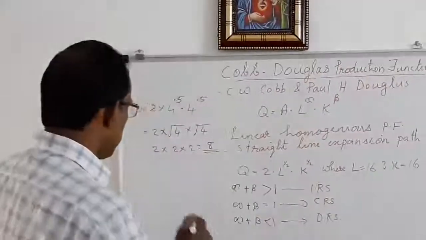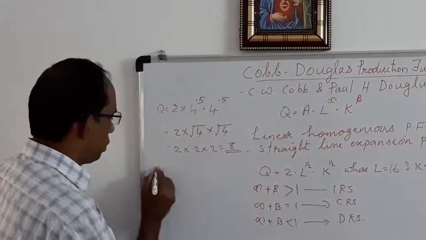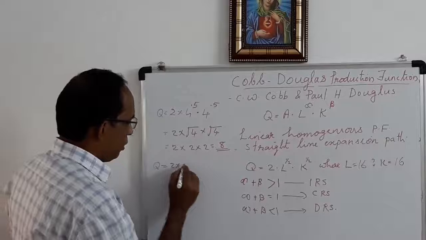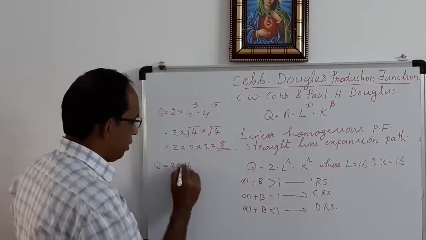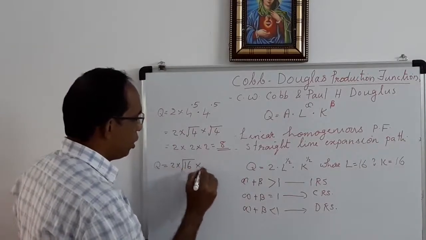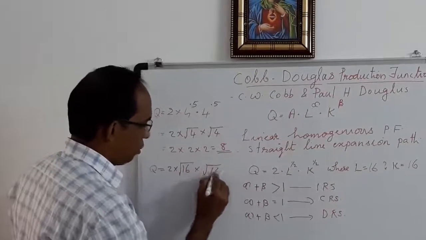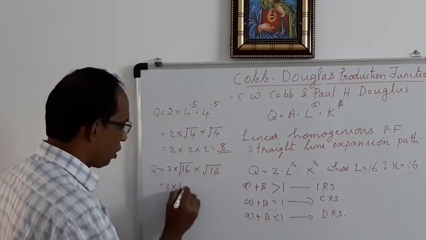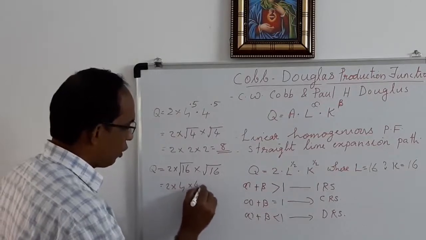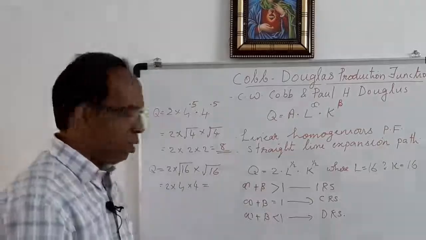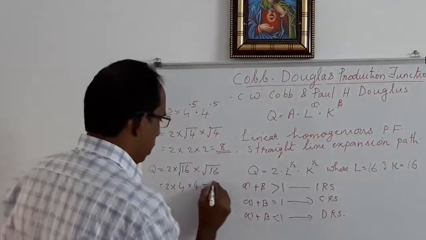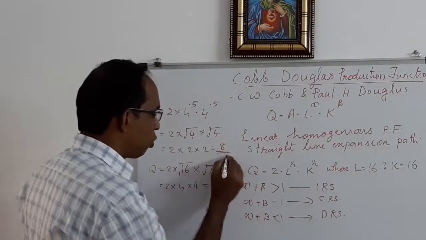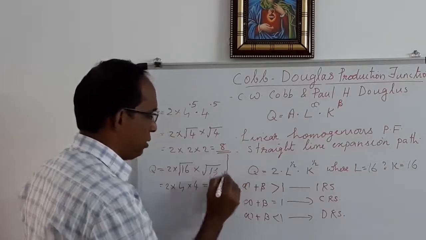Now our formula becomes output is equal to 2 into root of 16 into root of 16. Root of 16 is 4. Now 2 into 4 into 4, 4 into 4 is equal to 16, and 2 into 16 is 32. 32 is 4 times the previous output, that is 8.